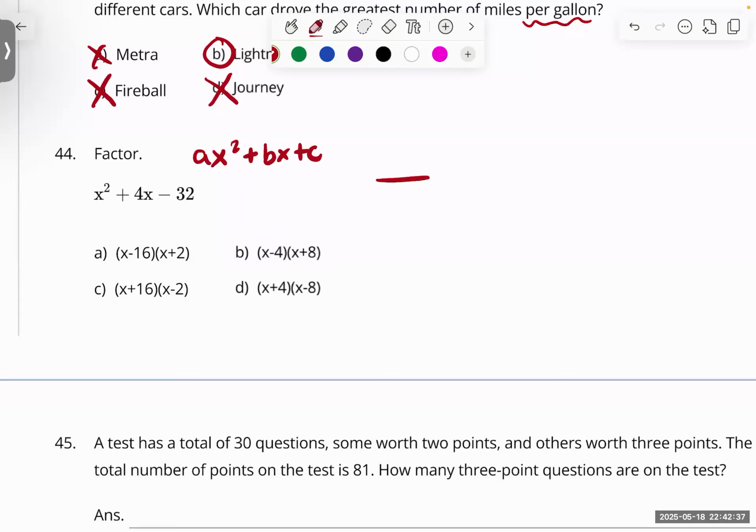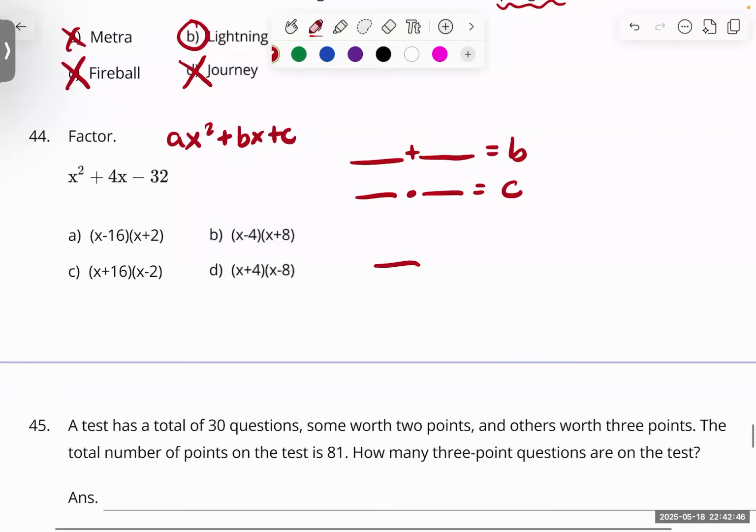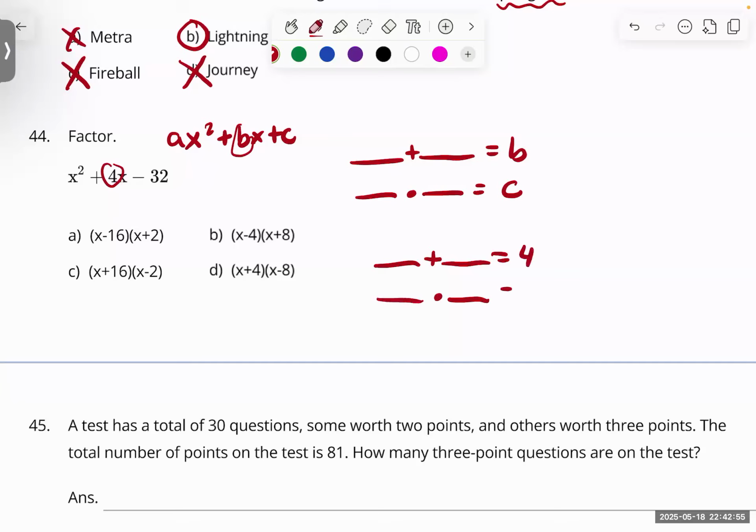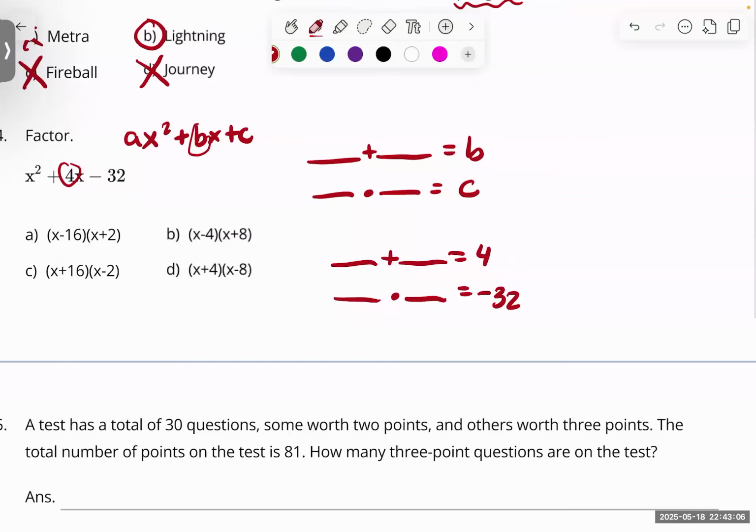So again, we're finding two numbers that add to my b value, and those same exact numbers multiply to my c value. So from here, my b value is again 4, and my c value is negative 32. Remember, the sign on the left has to belong to the number, negative 32. So again, how do you find what two numbers add to 4 and multiply to negative 32?